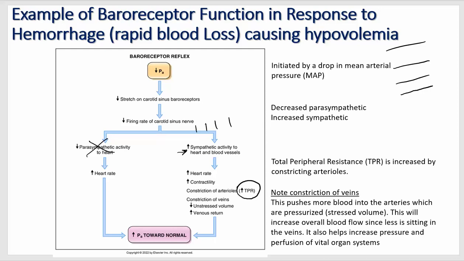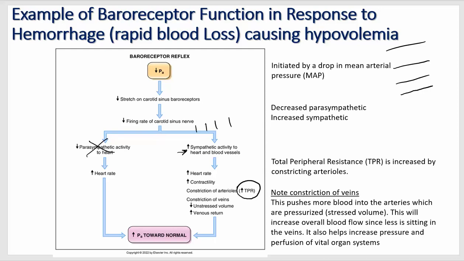Okay, so remember, veins, we call that unstressed volume because it's under low pressure. So most of your blood is kind of contained in the veins at any one time, and that's kind of a blood reservoir.